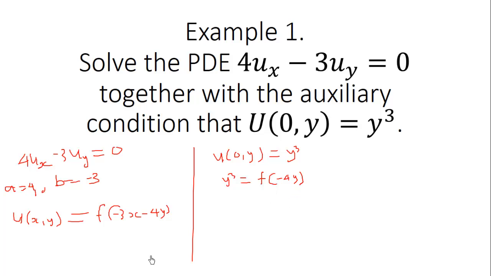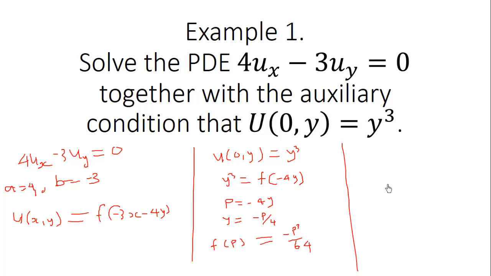Now we can transform this to, let's say we have p be equal to minus 4y, then y will be equal to minus p over 4. Then f of p will now be equal to minus p cubed over 4 cubed, which is 64.